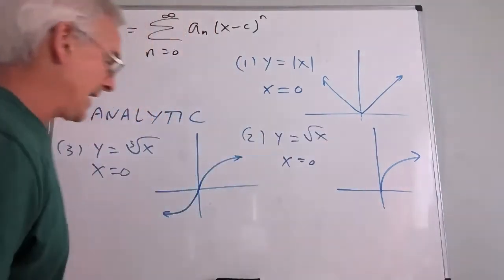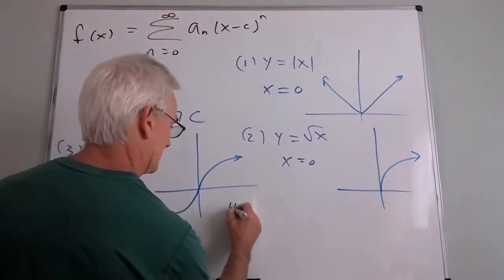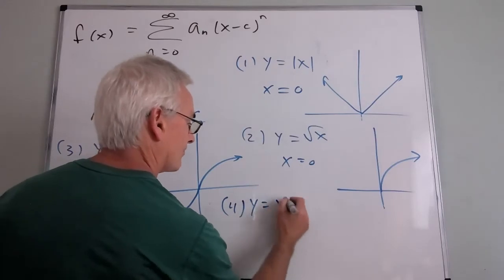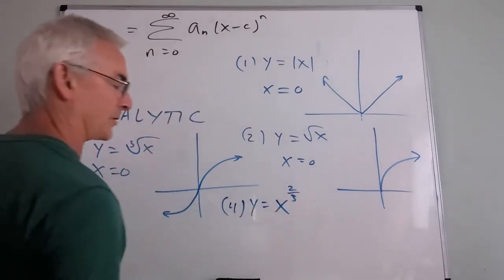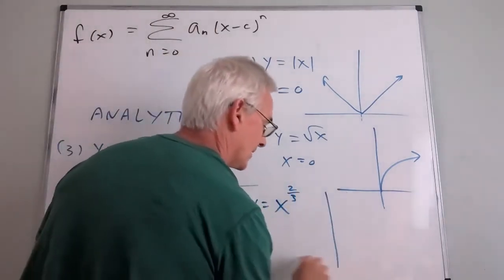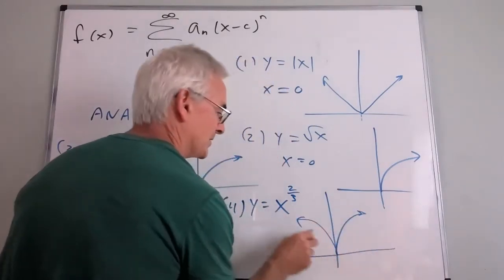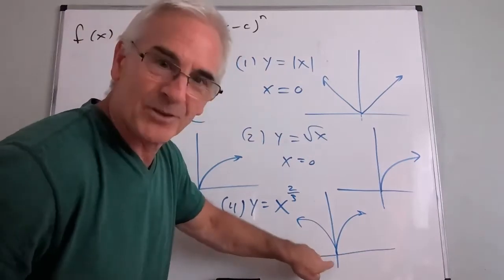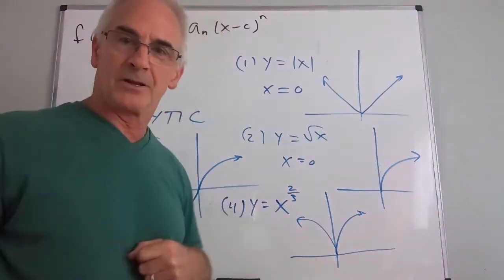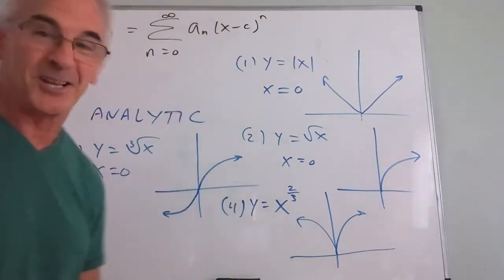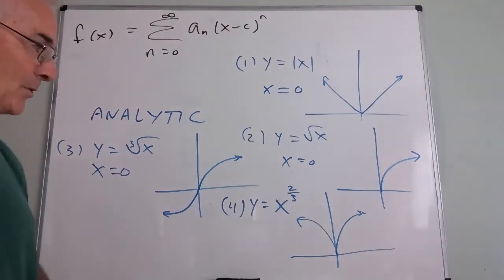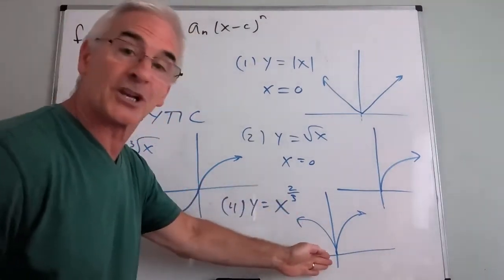and my personal favorite, x to the 2/3, or the cube root of x squared. Remember this one? What's that called? Cusp. Cusps are cool, but the derivative does not exist here because there's a cusp.